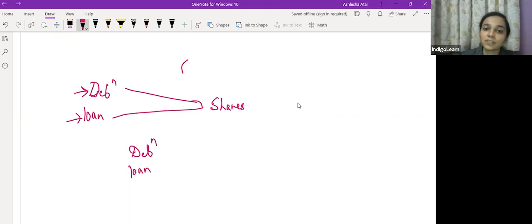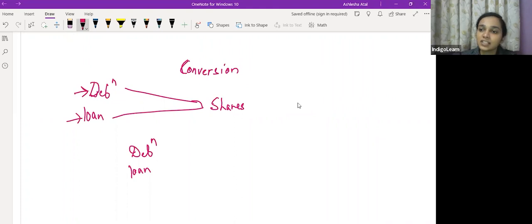So conversion is possible. However, one condition to be complied with here is that it should have been clearly specified in the agreement. Agreement में clearly लिखा होना चाहिए that conversion is one way or conversion is allowed.